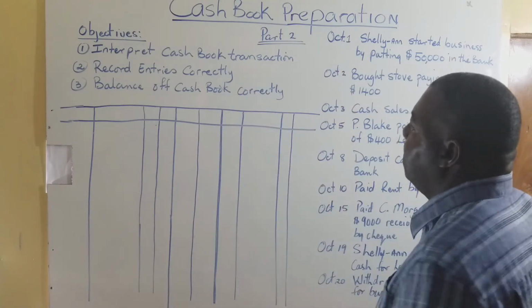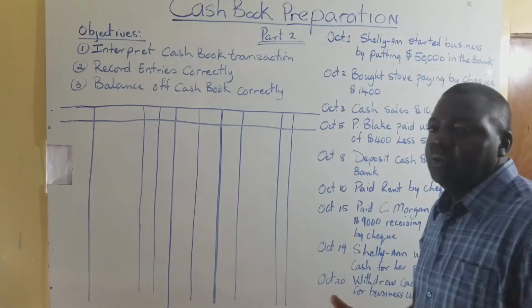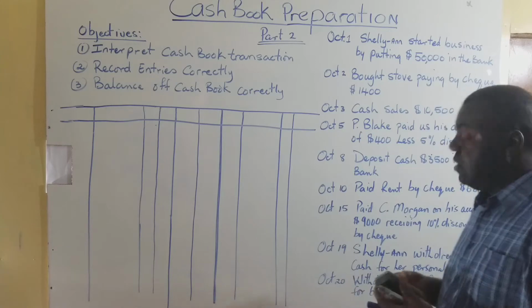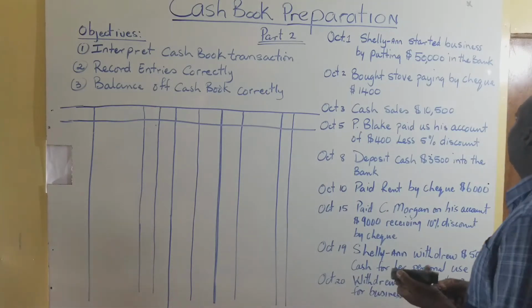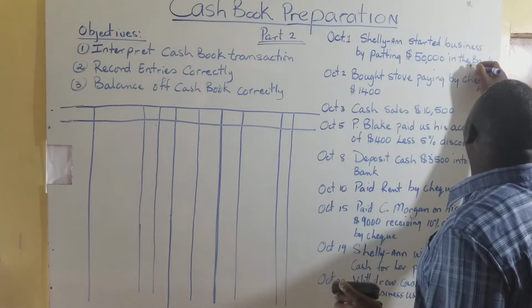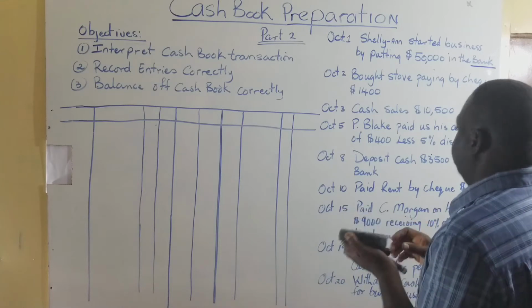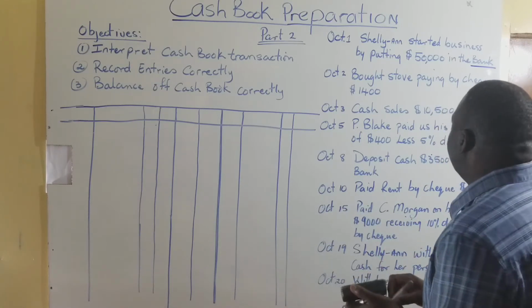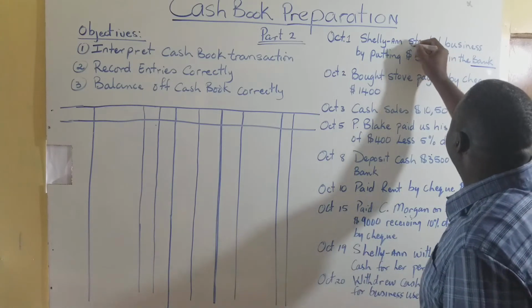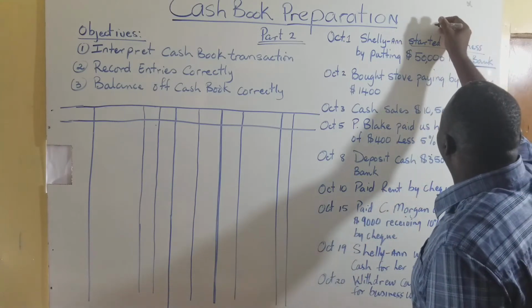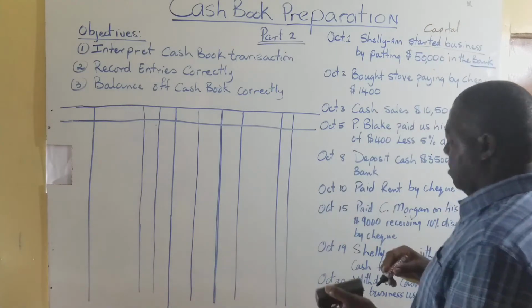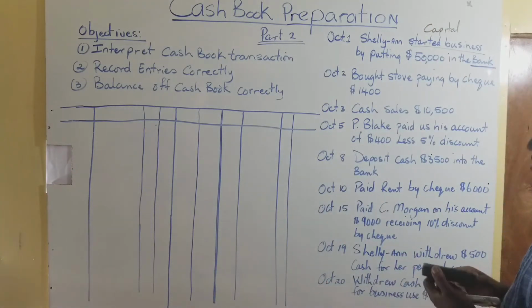In the bank. So the bank account is receiving money. So the accounts affected here would be the bank account and, since the business is being started, capital. Start business refers to capital. So those are the accounts there.